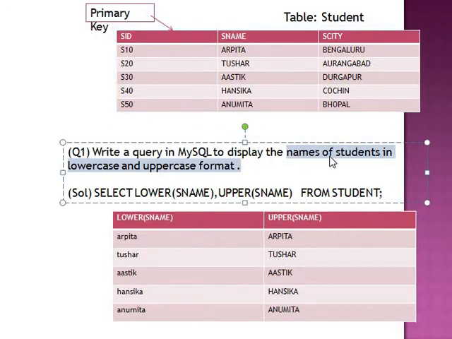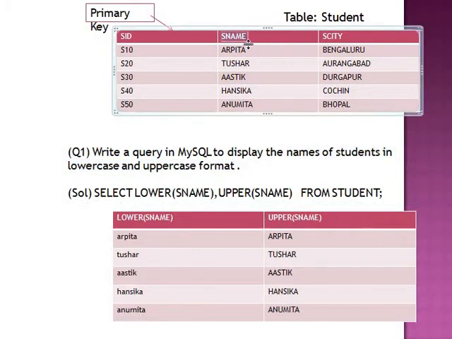And if I have to display the names of students in lowercase, that means in small letter format, and in uppercase, that means in capital letter format, then I have to apply the lower function on this column SNAME for converting all its entries into lowercase or small letter format. And then again I have to apply the upper function on this column SNAME for converting all its entries into the uppercase or capital letter format.